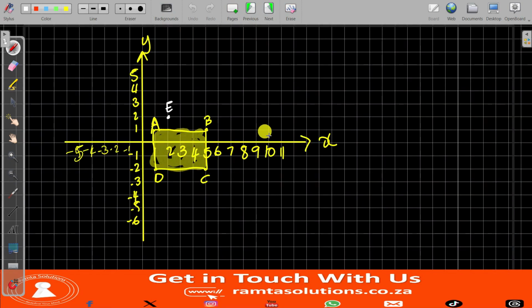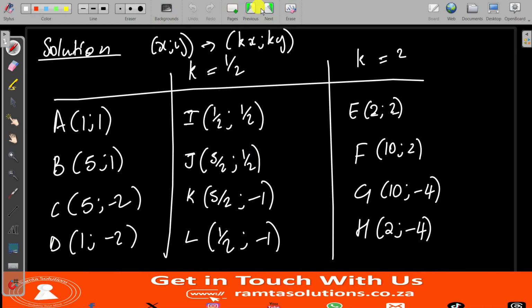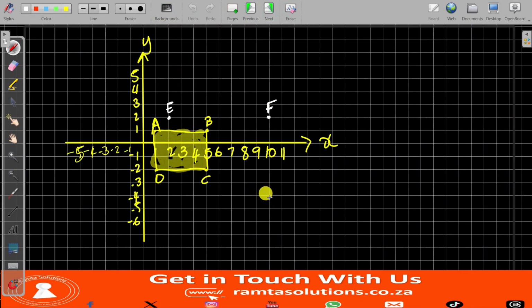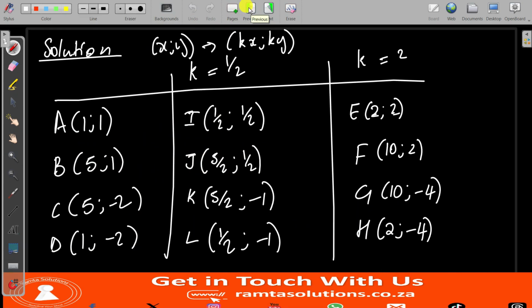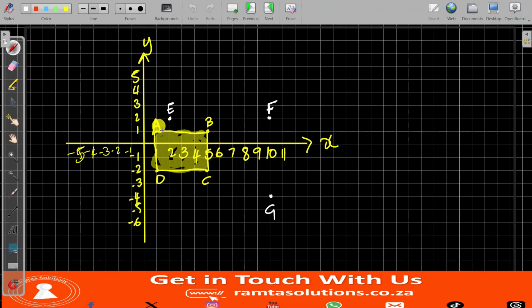This is point F. Then G, 10 and negative 4. This is G. Lastly, H, 2 and negative 4. This is H.